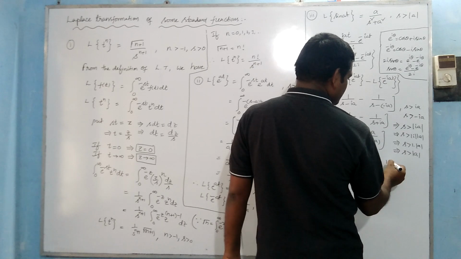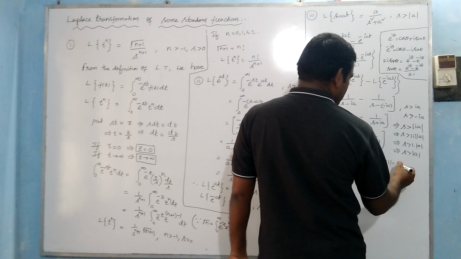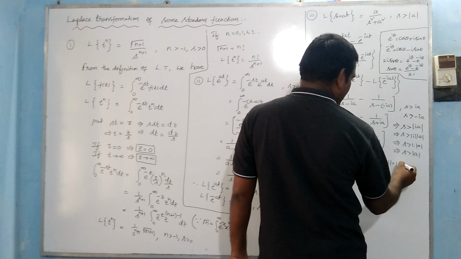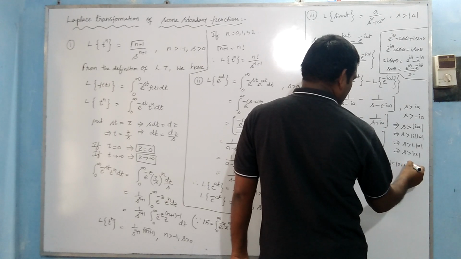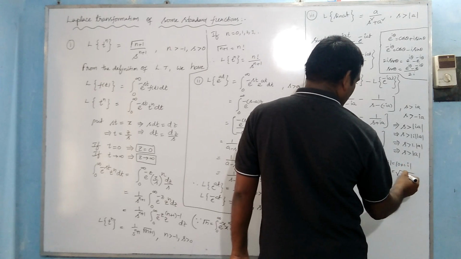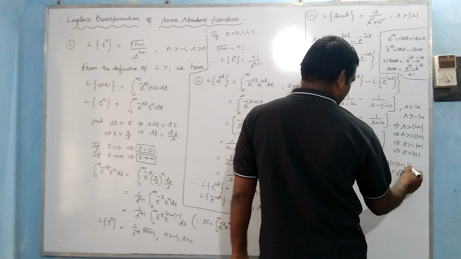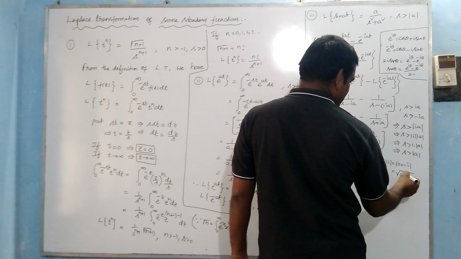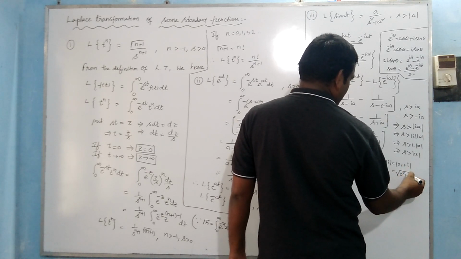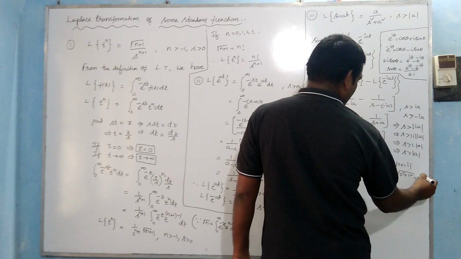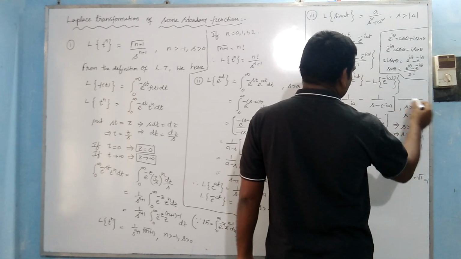So mod i means 1, because i can be written as 0 plus 1 times i, and the magnitude of a complex number x plus yi is the square root of x square plus y square. So square root of 0 square plus 1 square, that is equal to square root of 1, which is 1.